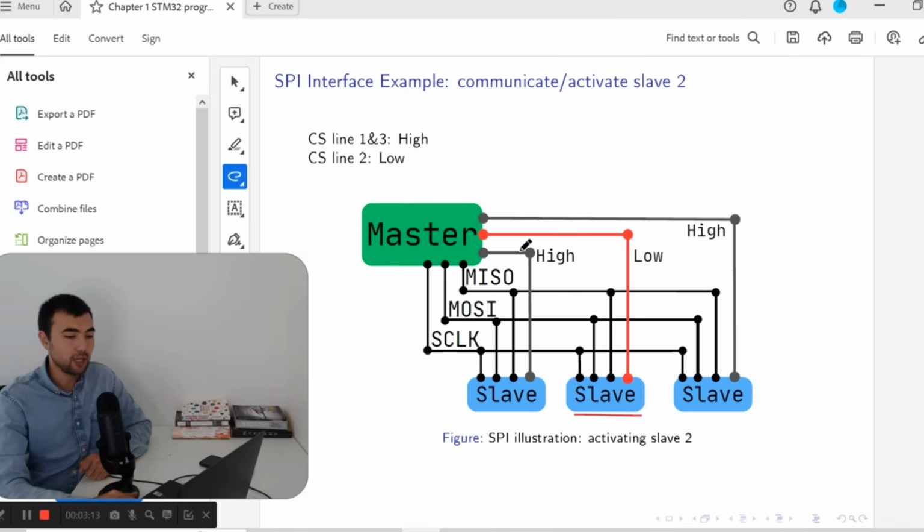And at the same time, it will keep other chip select lines high. So this slave will listen to the master, it will expect some data from the master, and other slaves will be in reset state, so they kind of shut down. So through these chip select lines, we can choose the slave to communicate with.